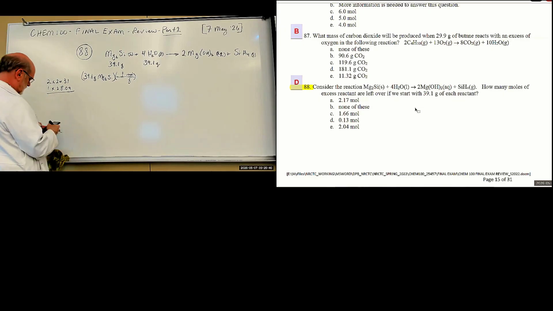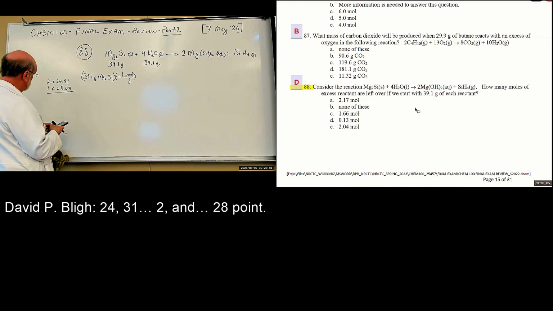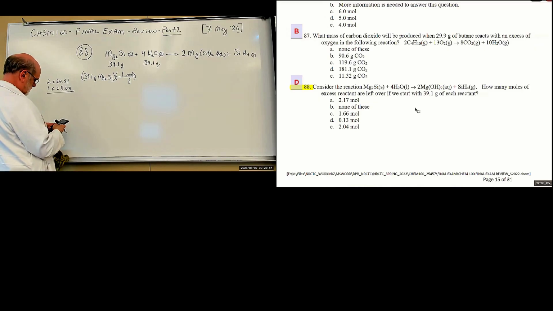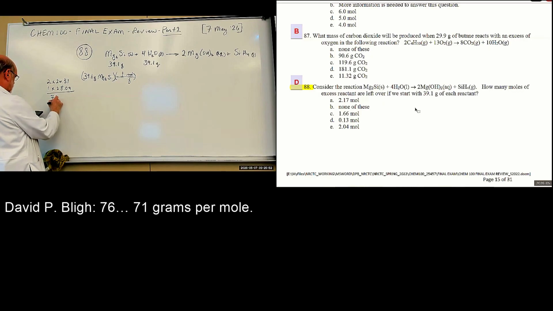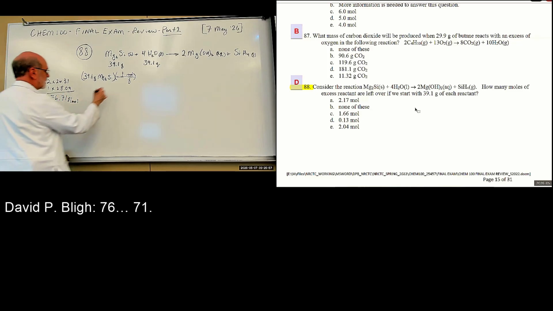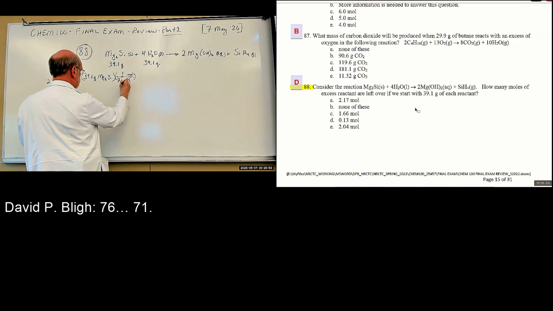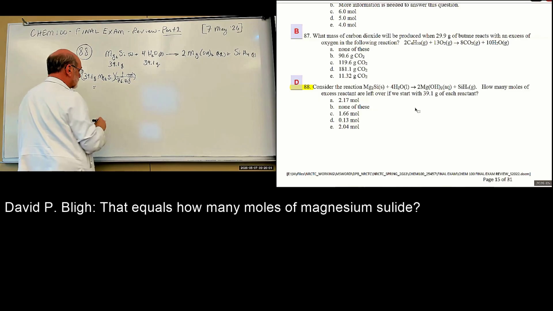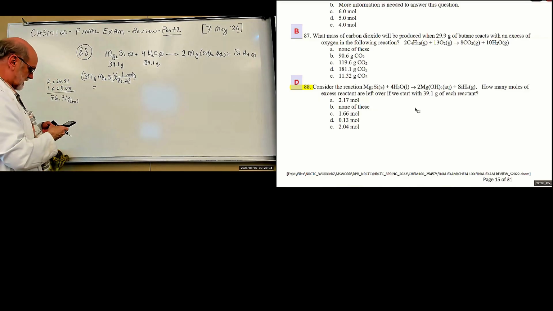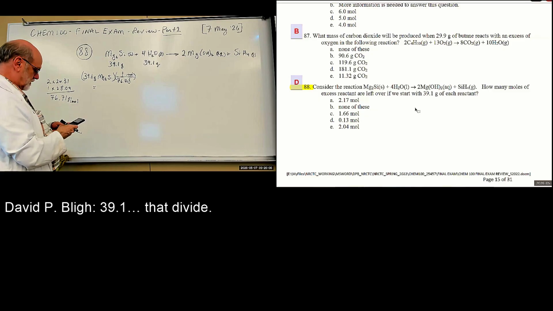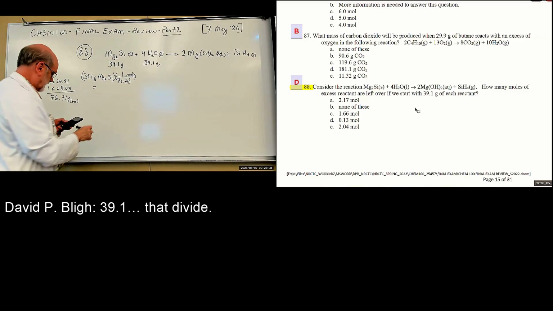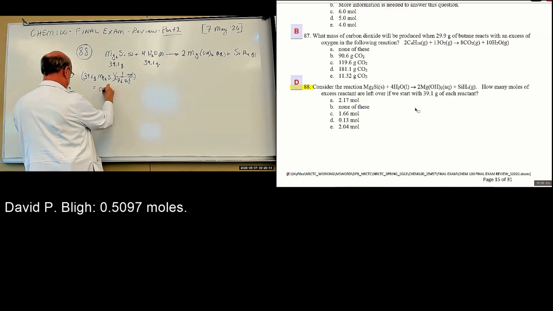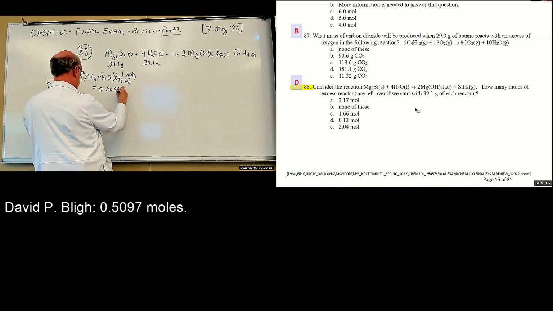Let me try that again. 24.31, 2, and 28.09. That's better. 76.71 grams per mole. That equals how many moles of magnesium silicide? 39.1 divided by 76.71 is 0.5097 moles.